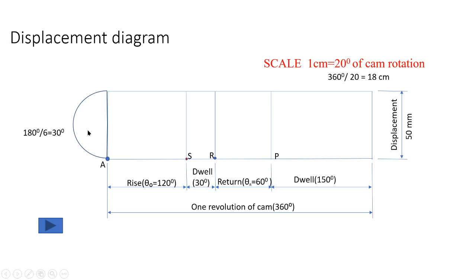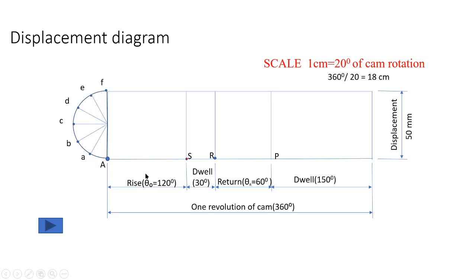Use the protractor to divide the semicircle into 6 equal parts. So each division is equal to 30 degrees, and mark the division points as A, B, C, D, E, F and connect the division points with the center of the semicircle.